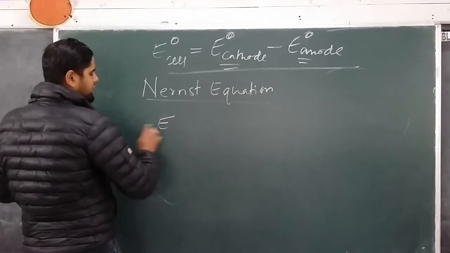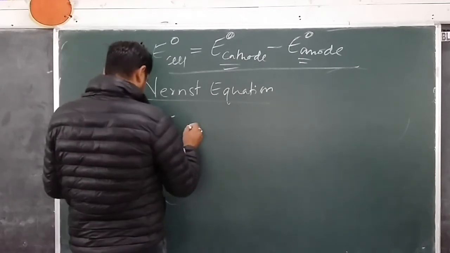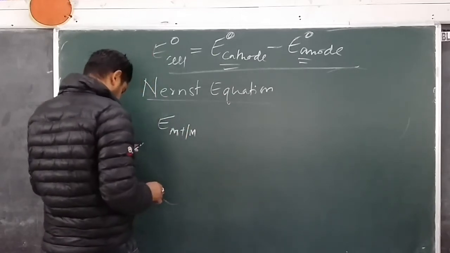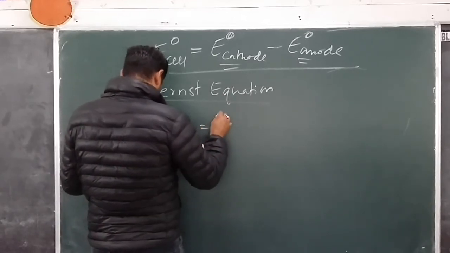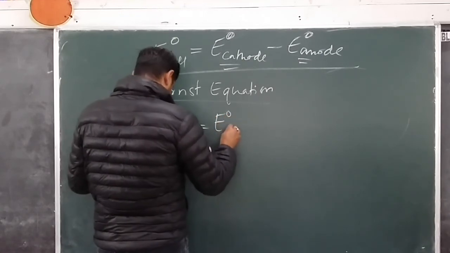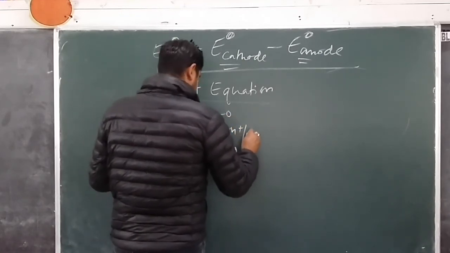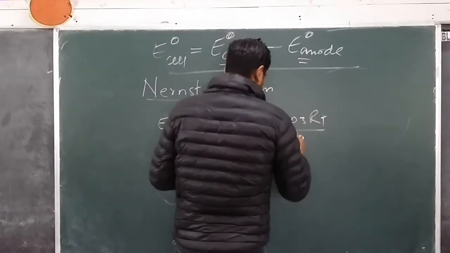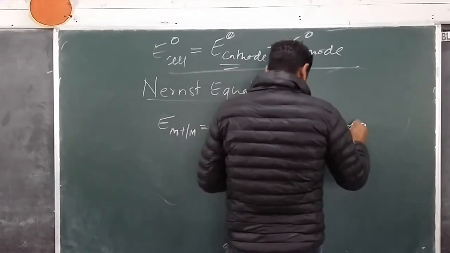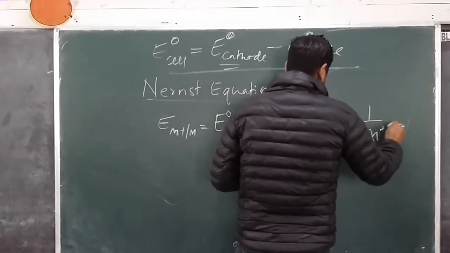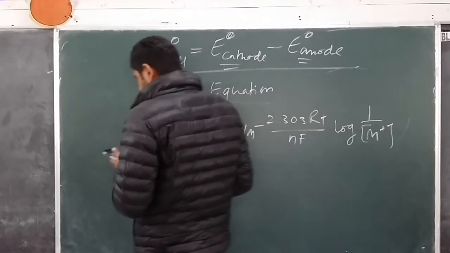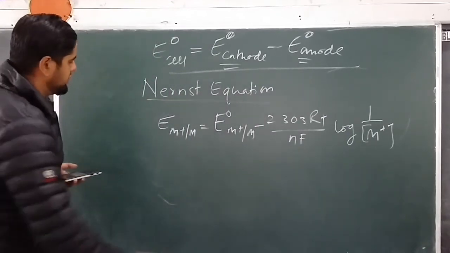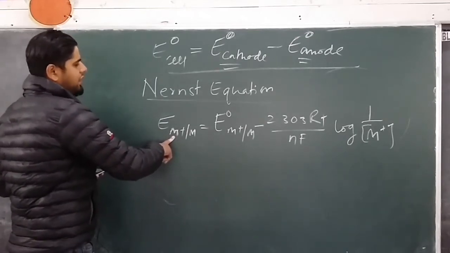Write the equation like this: E of M plus M, where M is the metal, is equal to E naught of M plus M minus 2.303 RT by nF log 1 by M plus. Derivation here is not required; you just need to know the formula. What is this M? This M is the metal ion.